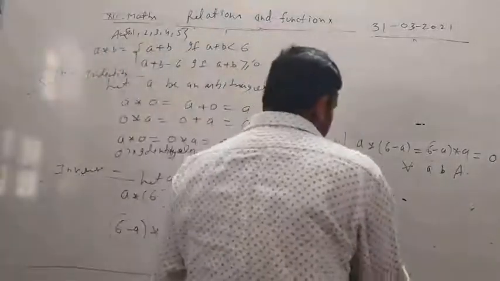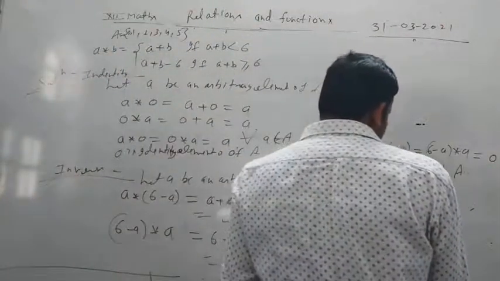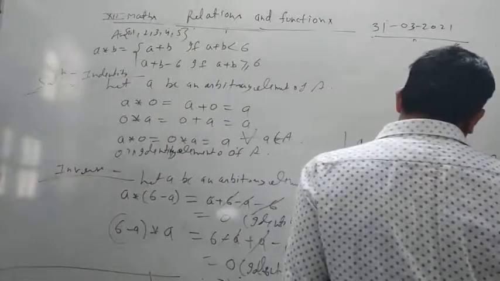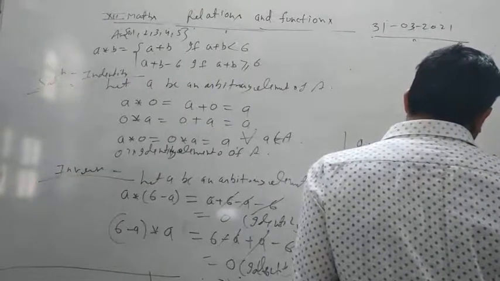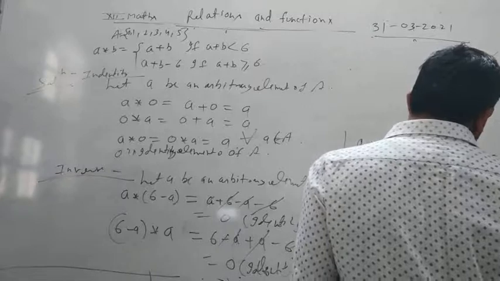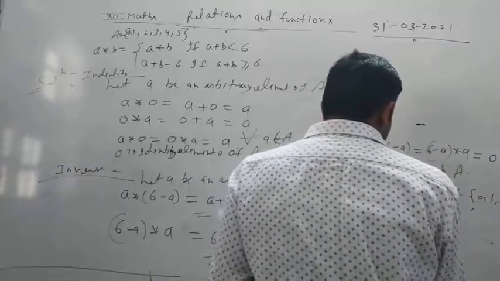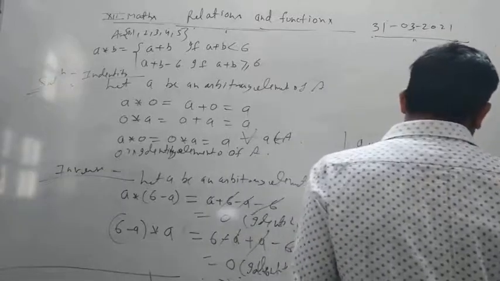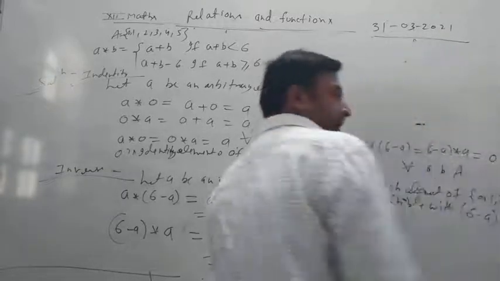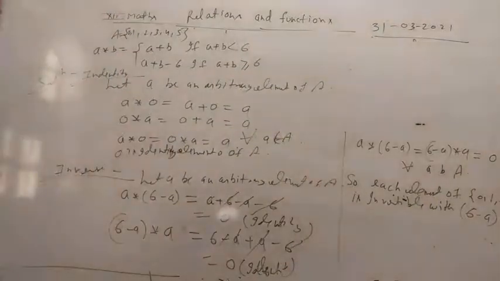So we say that each element is invertible with inverse 6 minus A.